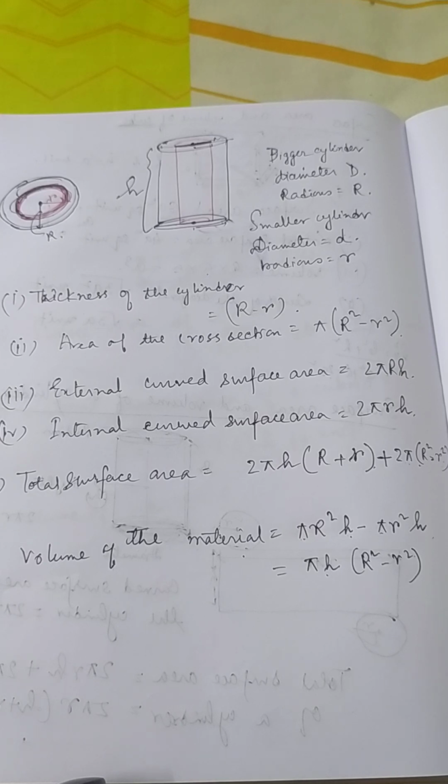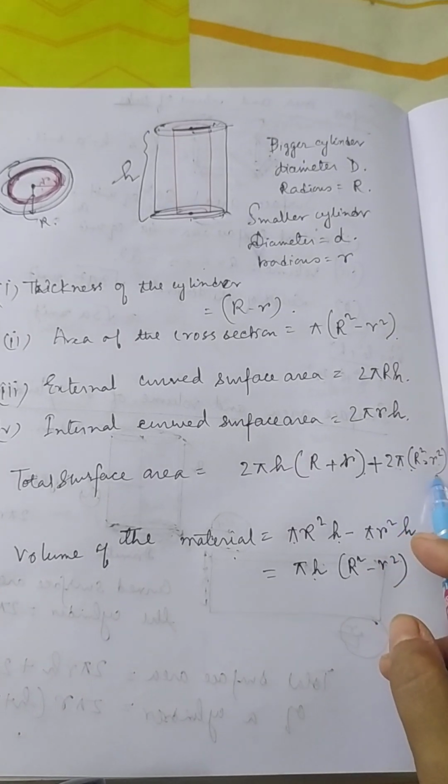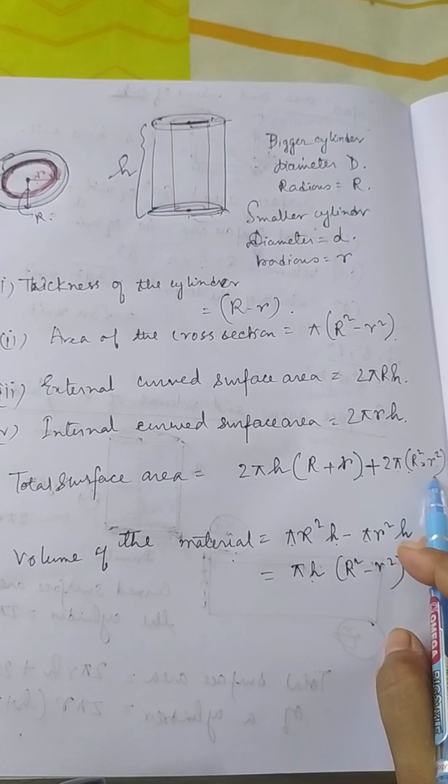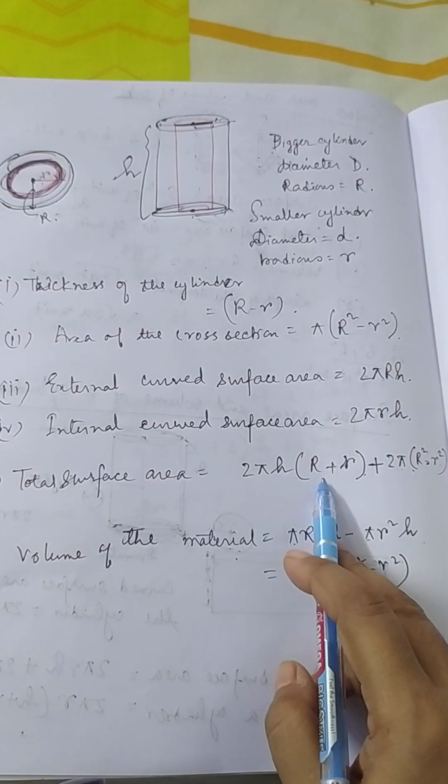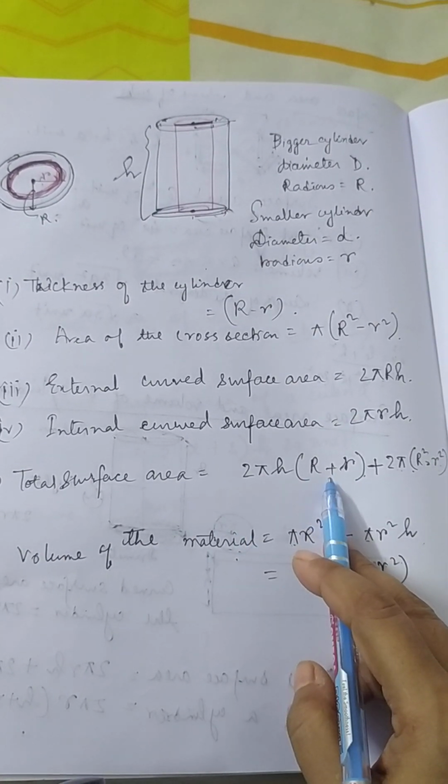Now total surface area, obviously the curved surface area and also the top and bottom side area. So top and bottom side will be 2 pi capital R square minus 2 pi small r square, and the curved part will be 2 pi capital R h plus 2 pi small r h.